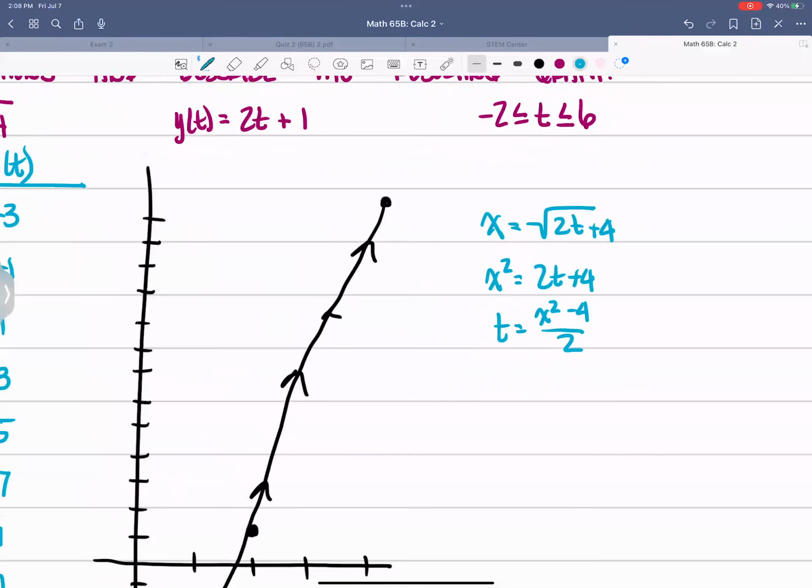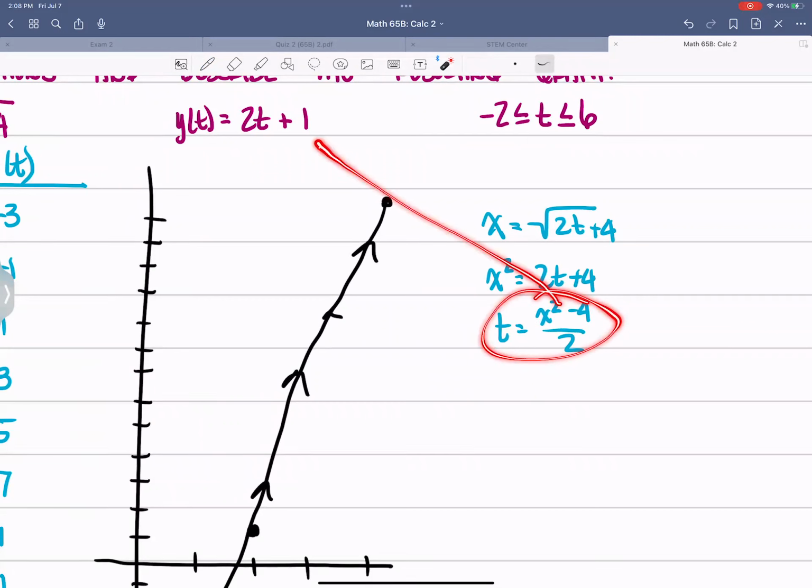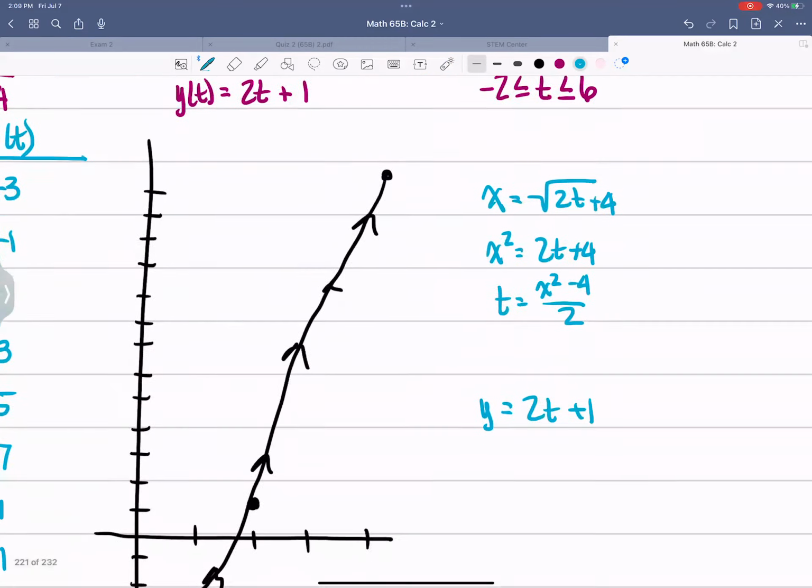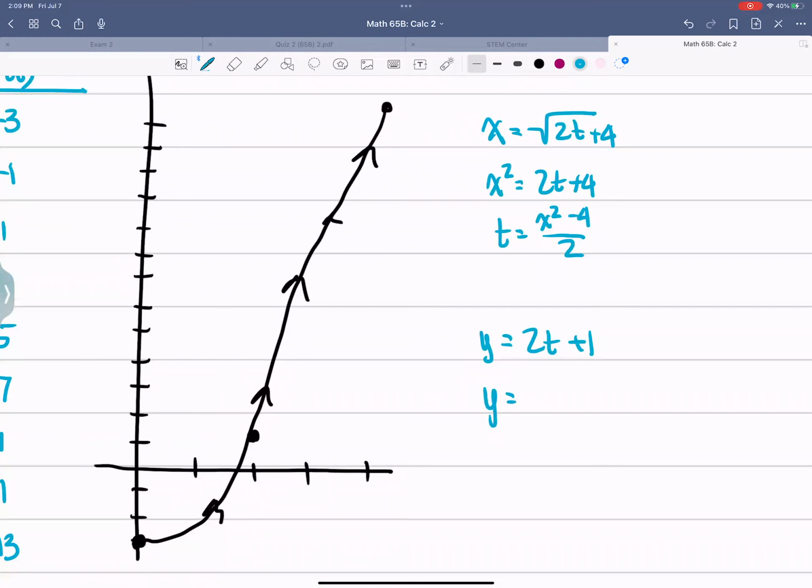And now that we have something for t, we're going to plug it into our equation right here. We have y is equal to 2t plus 1. We have this function here, x squared minus 4 over 2, and plus 1.